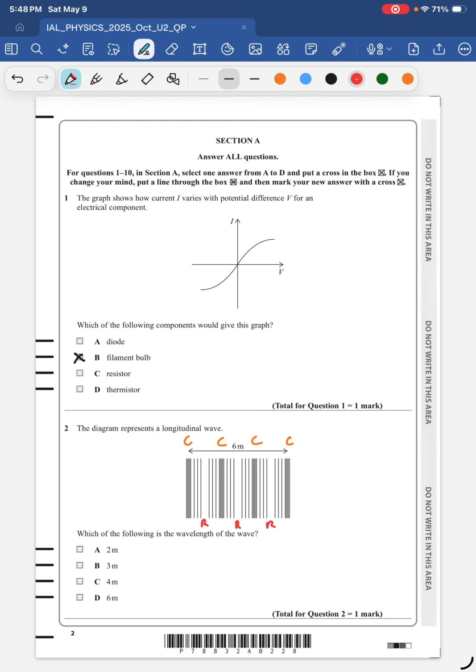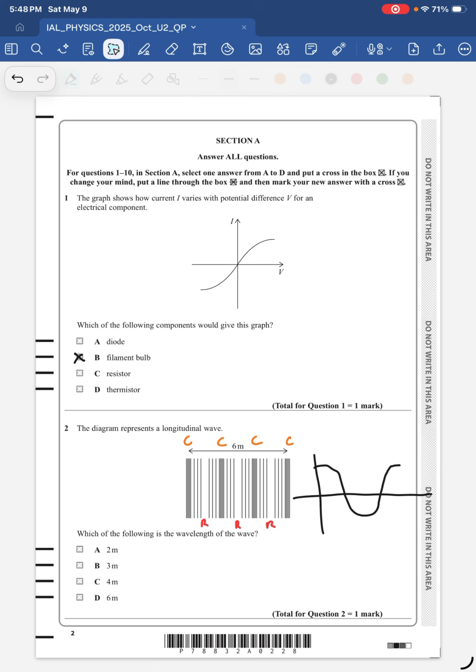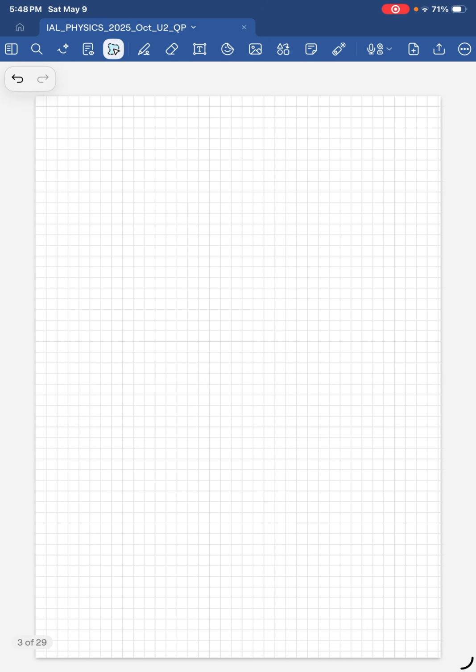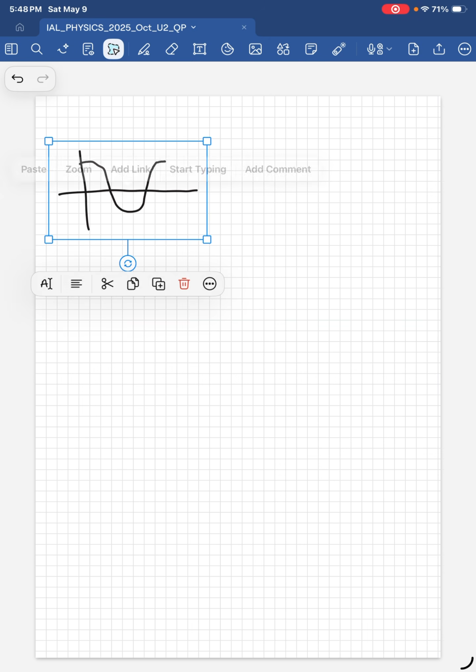So compressions, if you plot this as a wave, it would look like this. I will try to draw it first, and then I will explain what I did. Wait, I don't have enough space, so I'm gonna cut this and go to a clean page and paste.